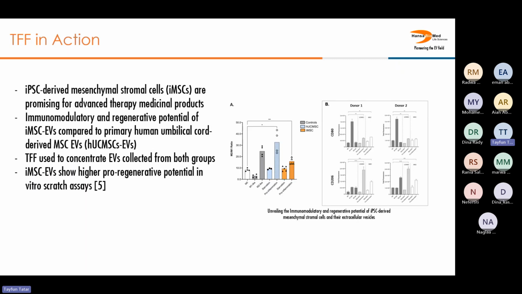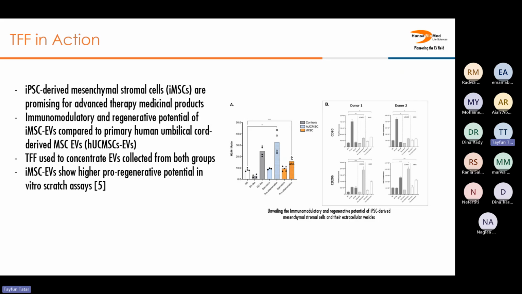So in the first case, we see a comparison between induced pluripotent stem cell-derived mesenchymal stromal cells and human umbilical cord derived mesenchymal stromal cells.